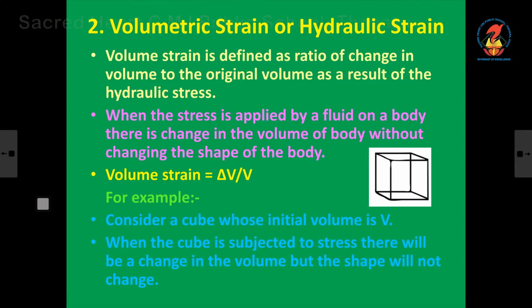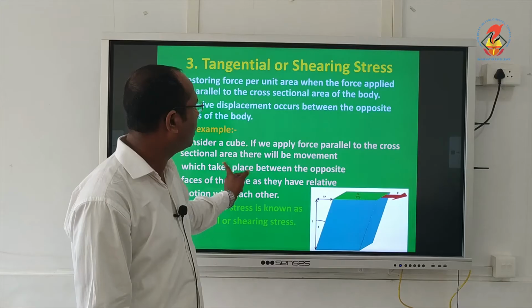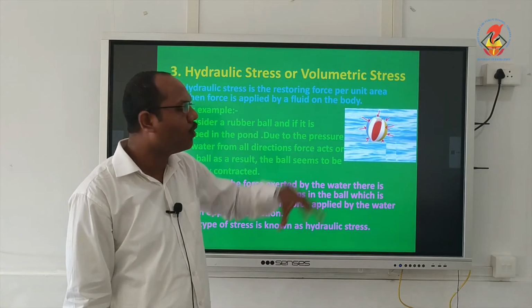Now, the second one is volumetric strain or hydraulic strain. Here it is defined as the ratio of change in volume to the original volume as a result of hydraulic stress. Think about the example of this ball.